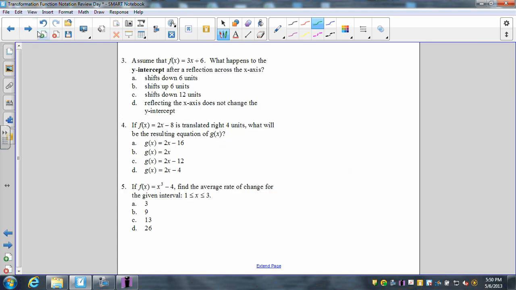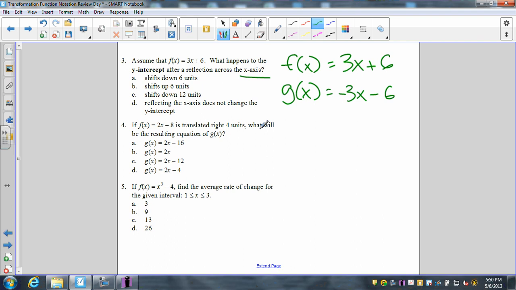Let's move on. Number 3, assume that f of x is 3x plus 6. What happens to the y-intercept, which is b, so it was at 6, after reflection across the x-axis? Reflecting across x will change everything. So it becomes negative 3x minus 6. Now, you may be tempted to say, okay, it went from 6 to negative 6, so it went down 6 units.